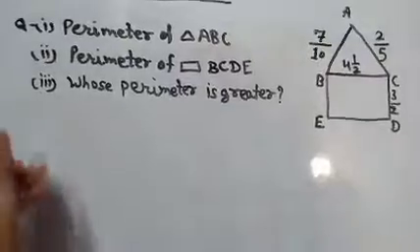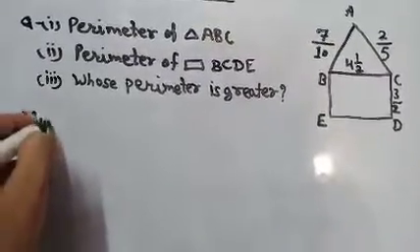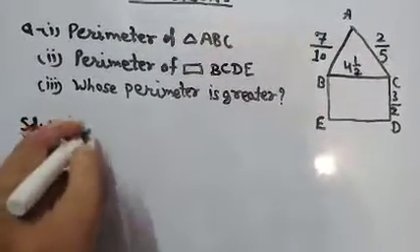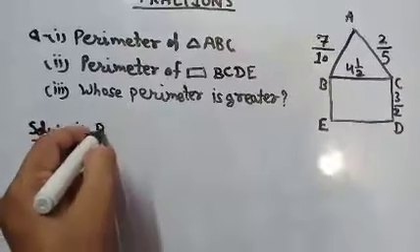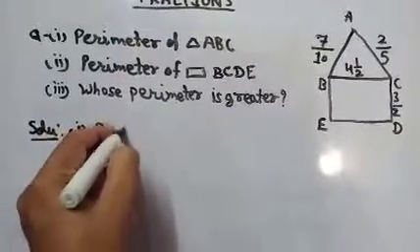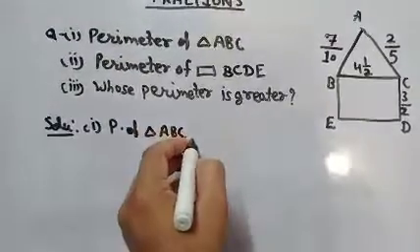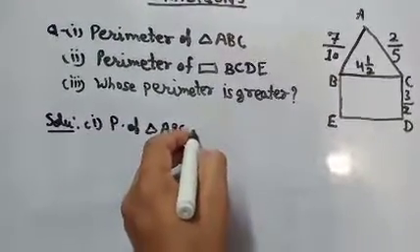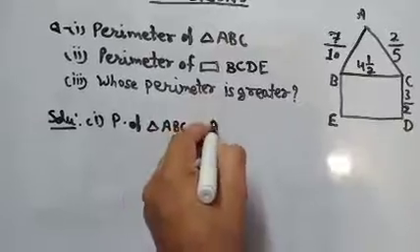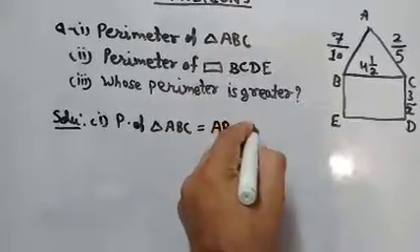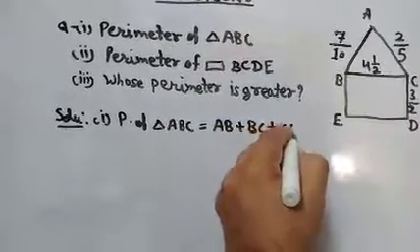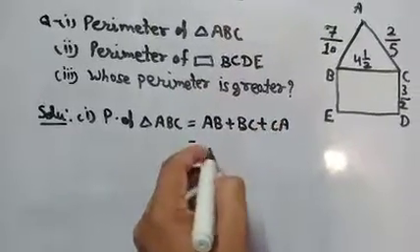So let's start the solution. First, the perimeter of triangle ABC is equal to the sum of three sides AB plus BC plus CA. Substitute their values.